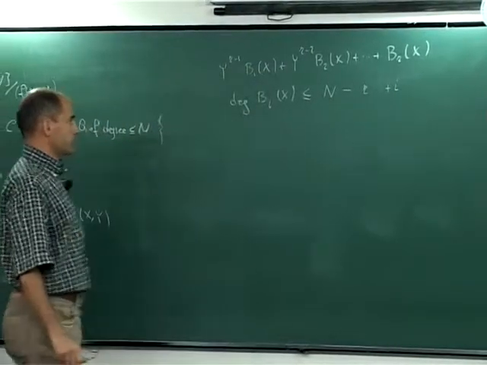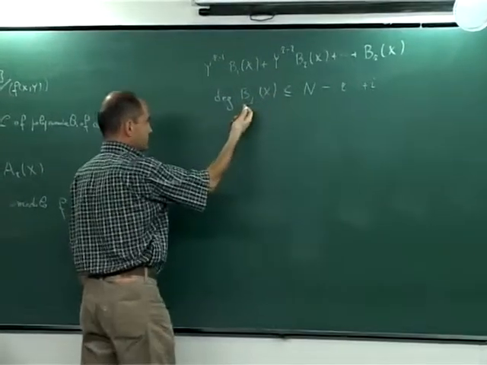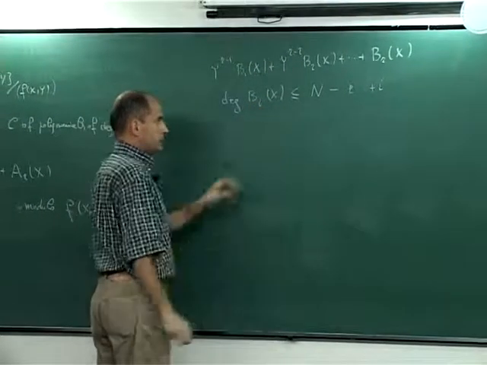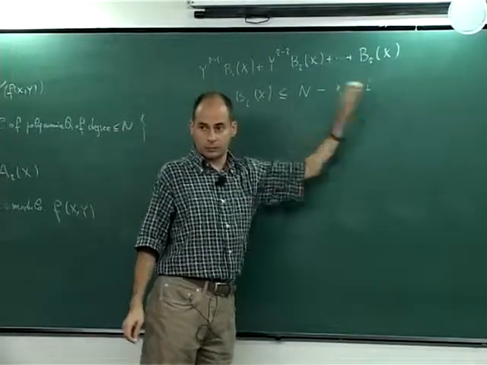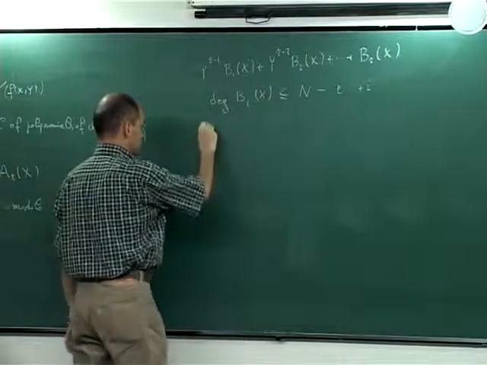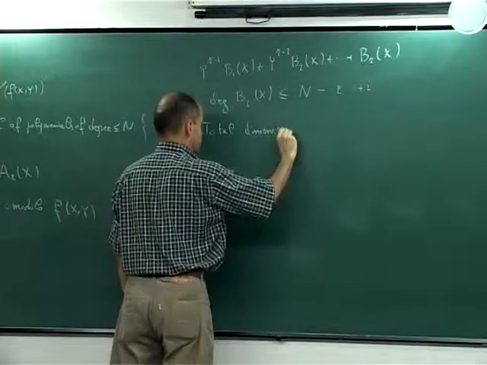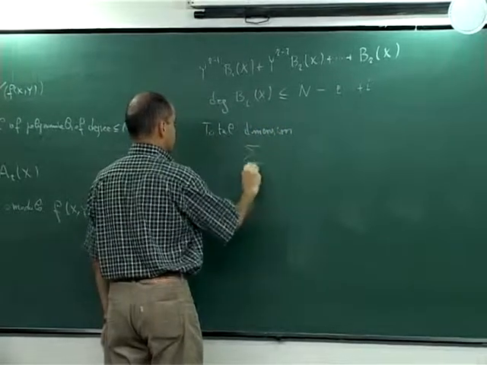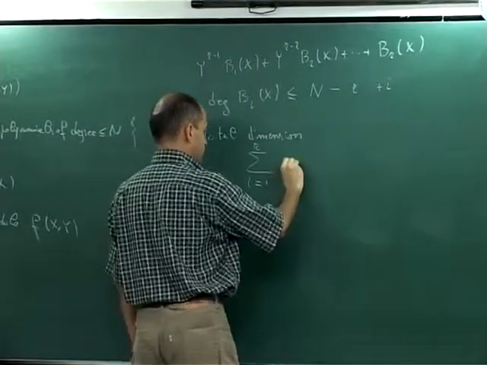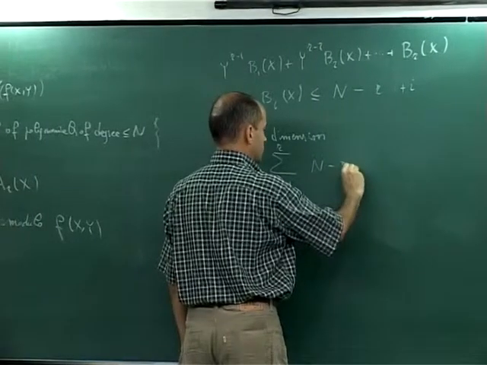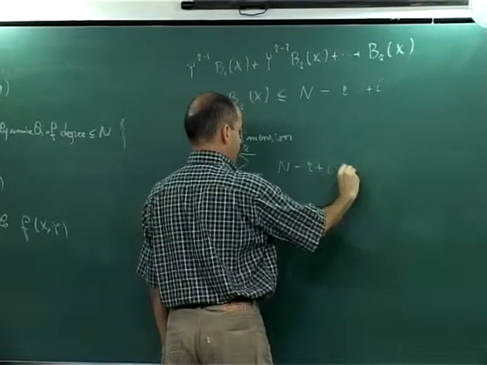So the dimension of this space of polynomials: for each i there are n minus r plus i plus 1 possibilities for its coefficients. So the total dimension is the sum for i from 1 to r of n minus r plus i plus 1.